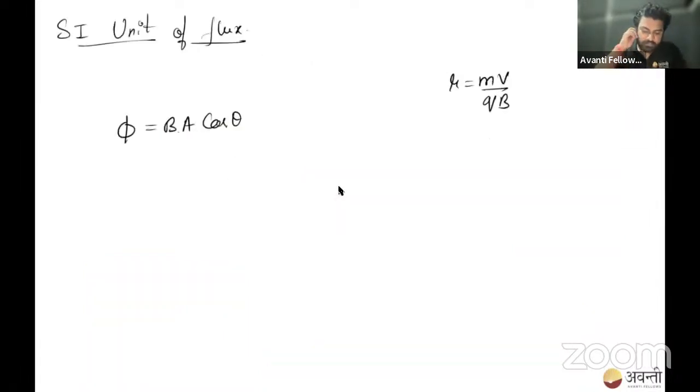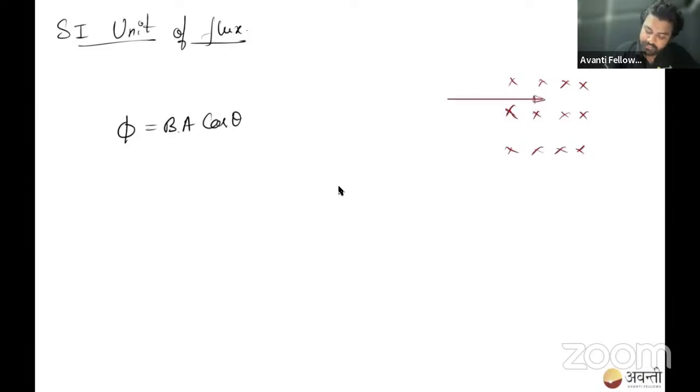What is the SI unit of flux? Let's find out. Do you remember in the previous chapter, magnetic effects of current, at the end of the chapter we saw that if there is a magnetic field influenced area and a positive charge goes in with a velocity v, it will experience some force?